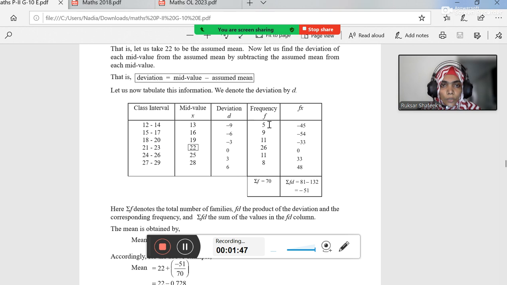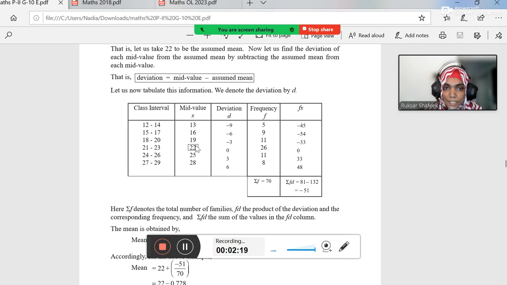If you look at the frequencies, the highest frequency is 26, and that belongs to the class interval 21 to 23. We match the highest number in the frequency column with the class interval, and we take the mid value of that class interval. So the mid value is 22.